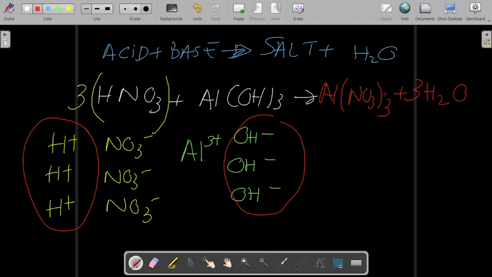So you needed 3 of these polyatomic ions to combine with the aluminum to create that salt. So acid, base, salt, water. And then make it all pretty.